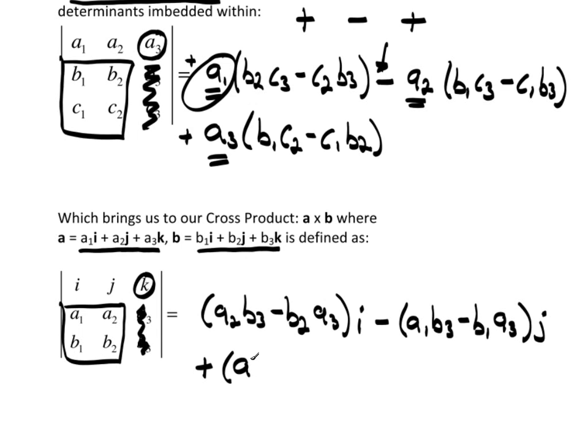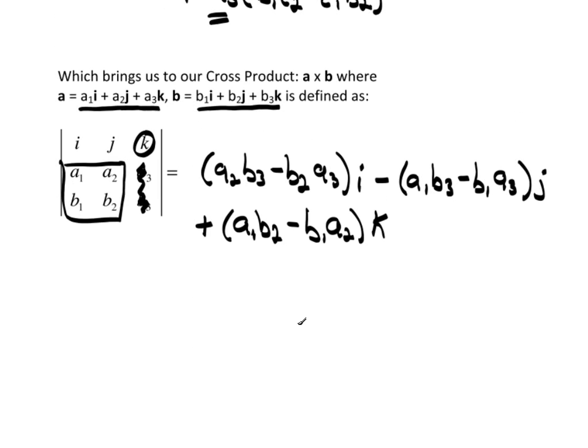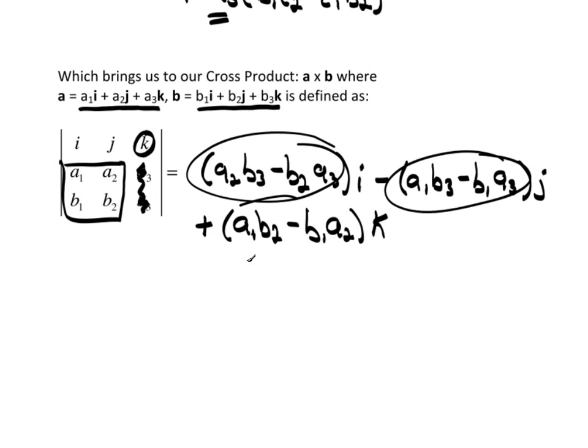That'll be A1 B2 minus B1 A2, K. And notice this is a vector in component form. So hopefully you'll see when I replace these with actual values from a vector that's not written generically like this, I will end up with numerical values here, here, and here, and I will have a vector in my typical component form using the I, J, K basis vectors.